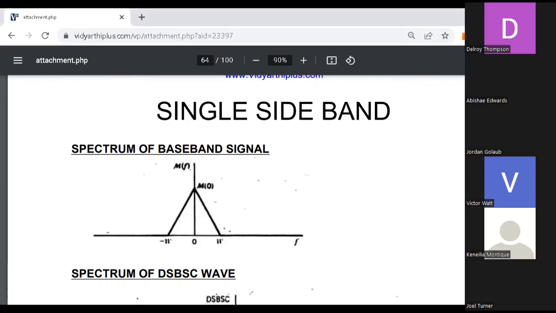So here is the spectrum of your baseband signal. This is your baseband signal. This is what you want to transmit.